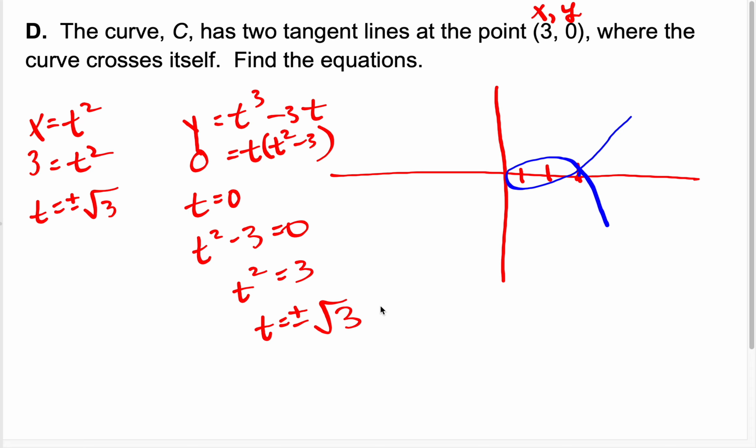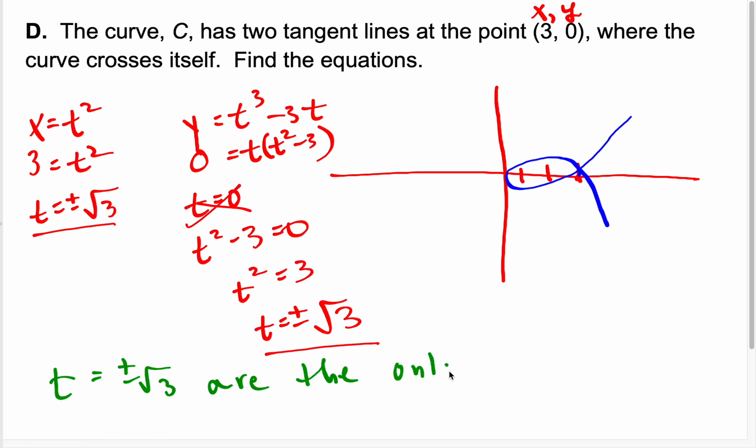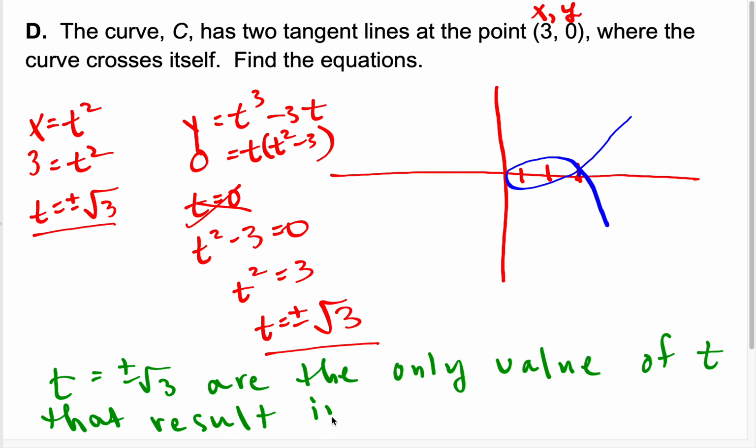Okay, so what we're looking for is the t's that are the same between the two. So we are not going to use t equals 0 because of that. So t equals plus or minus root 3 are the only values of t that result in the point (3, 0).